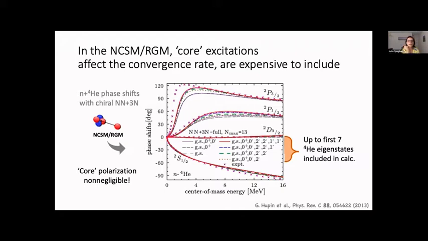And what I'm showing here are calculations in which we try to represent these core excitations by including as many excited states of the helium-4 target as we can. And what you see here is a sort of convergence with respect to the number of excited states that are included. And it is apparent that it is fairly slow, and up to 7 eigenstates have been included.